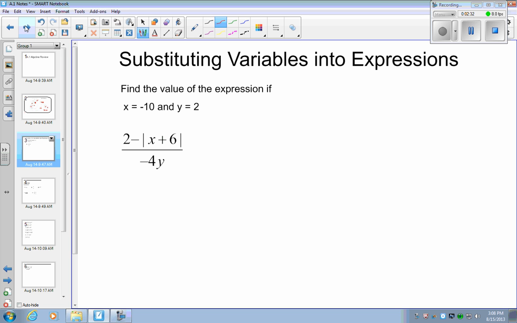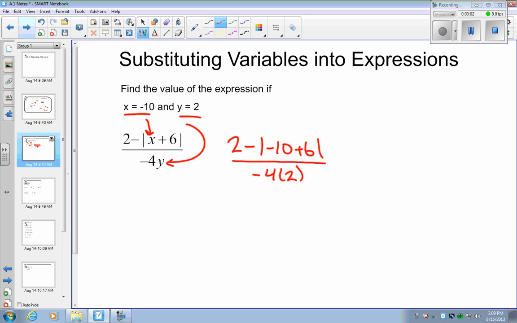First thing, just quick little recap on substituting variables into expressions. So tons of choices you can have for the expressions, all kinds of different things for the variables as well. So I just came up with a simple little problem here. Let's say x is negative 10, y is 2. We're just going to throw those into the appropriate place and figure out what happens. Whatever comes out of absolute values always needs to be positive.